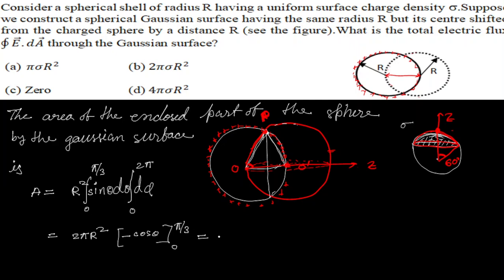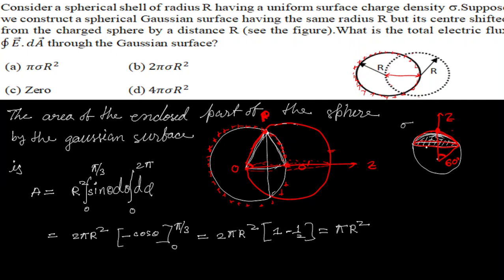So cos 60 is half and cos 0 is 1. So finally what will we get here? 2 pi r square, and the integration limits will give you 1 minus half. So you'll get pi r square. Okay, pi r square, so that is the enclosed area.